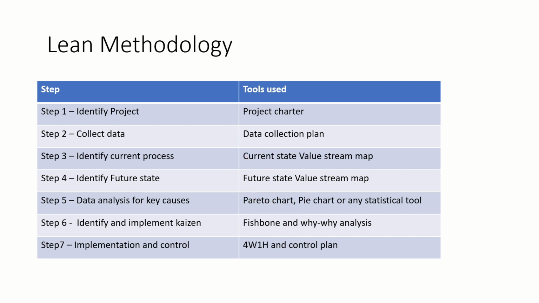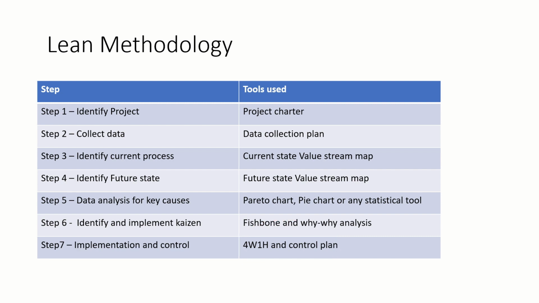Data analysis for key causes: if the data is available, the team can use Pareto chart, pie chart, or any other statistical tool, or even hypothesis testing. Identifying and implementing Kaizens can be done with the help of a fishbone and a YY analysis, and implementation and control could be with the help of 4W1H and a control plan.